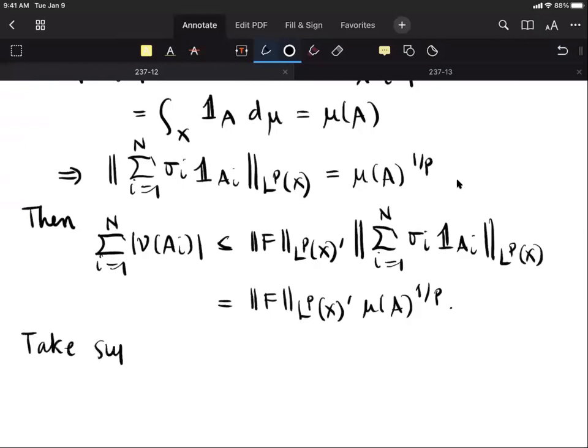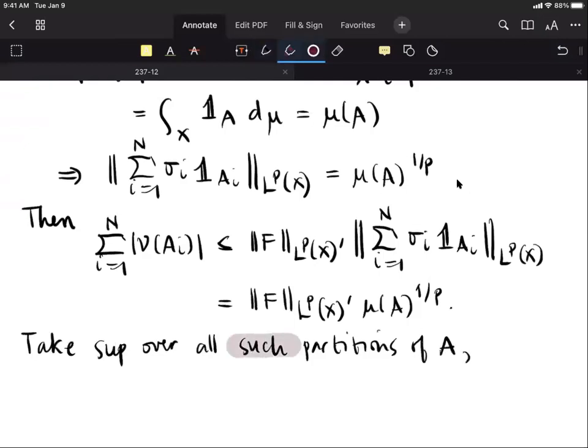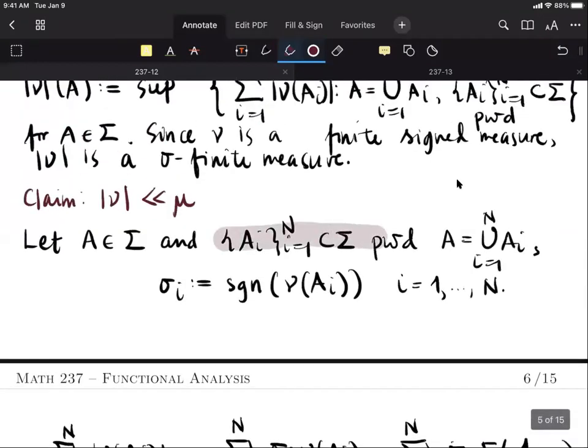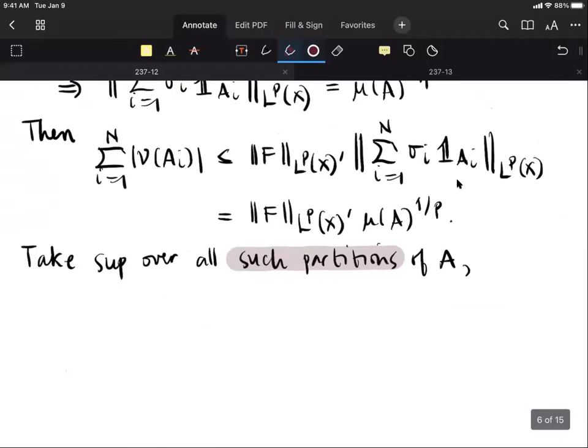So now we take the supremum over all such partitions of A. Okay, so such partitions refers to this finite collection of pairwise disjoint sets in sigma whose union is A. So the supremum of the right-hand side would be the total variation.